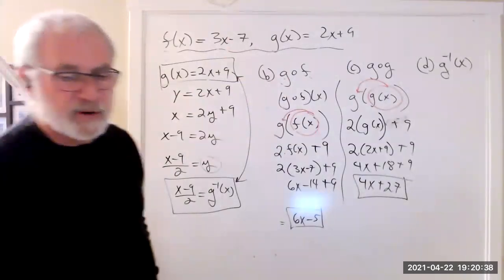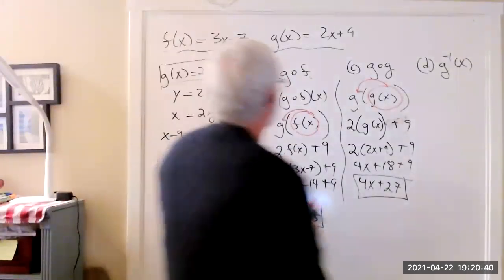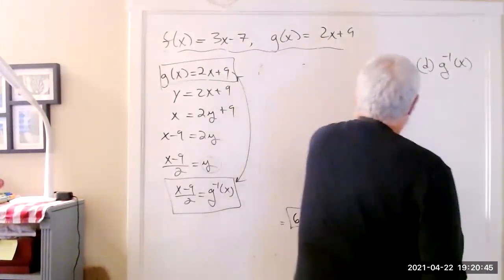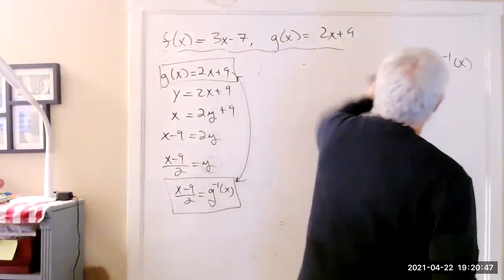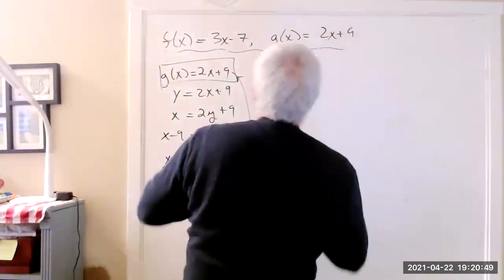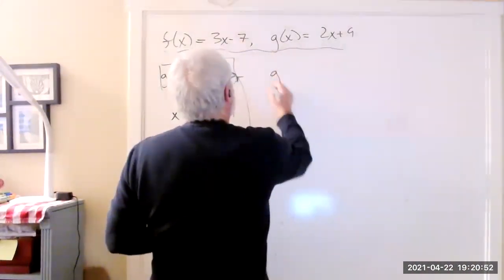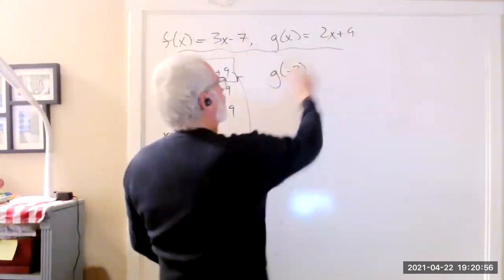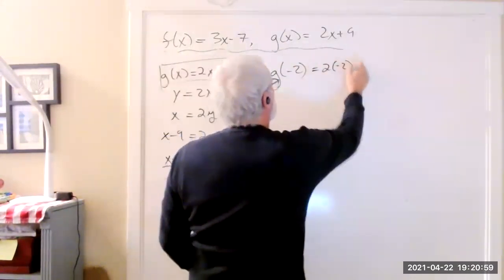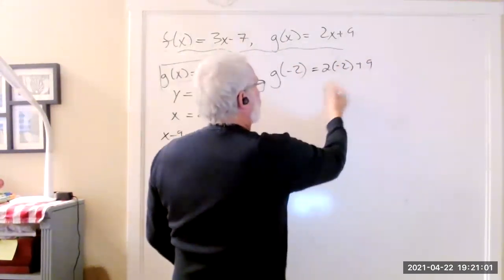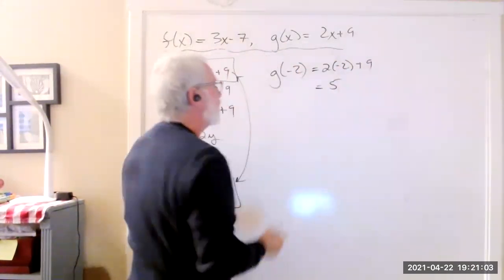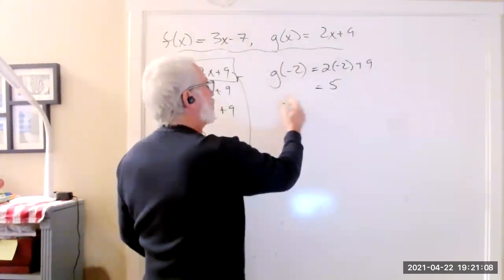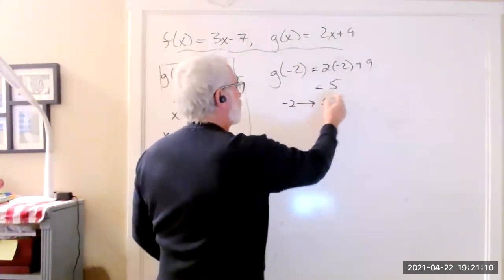Oh, sure. I just made up a random number. I just said, okay, for example, suppose I wanted you to find G of -2. Okay, so you plug it in here, you get 2 times -2 plus 9. That's -4 plus 9, whatever, that's 5. So what this says is G took -2 and turned it into 5.